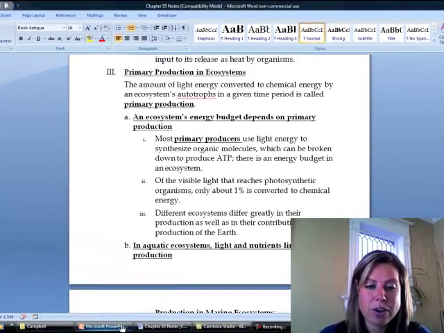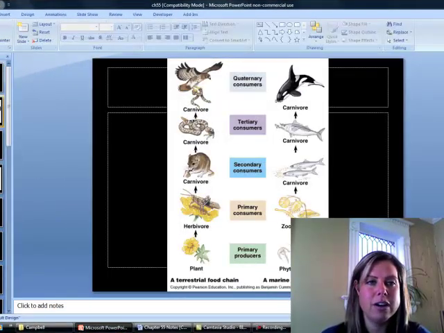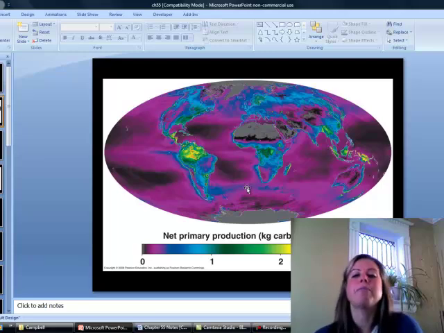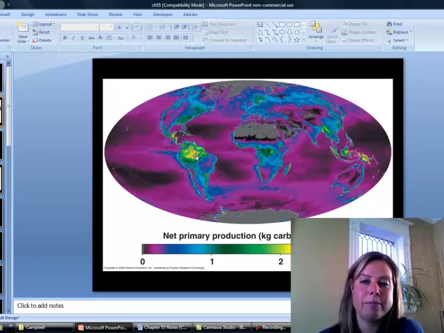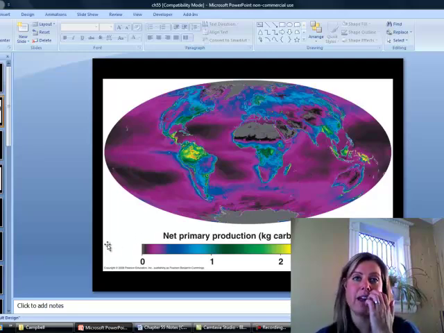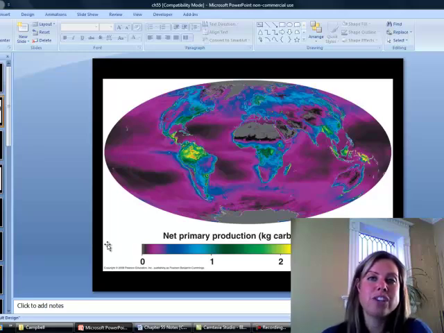I want to show you this picture of primary production worldwide. There are the rainforests that you can see there. So let's go over that question I asked: which biome would contribute the most primary production per unit of area? That will be these rainforests.